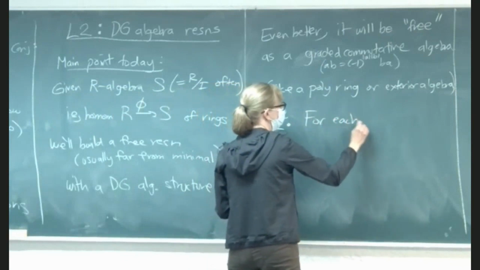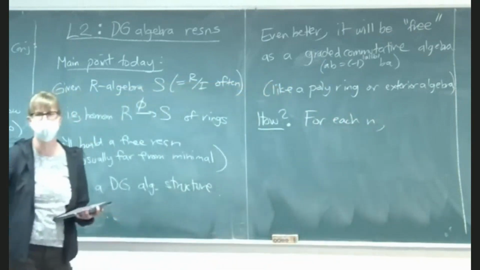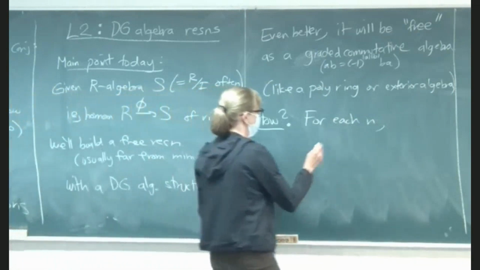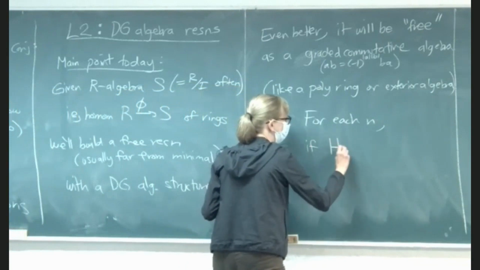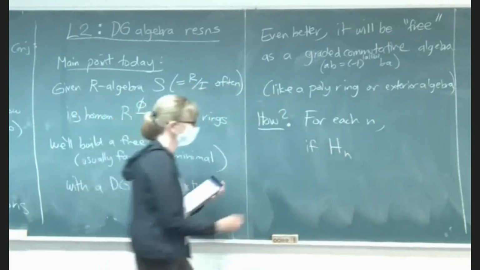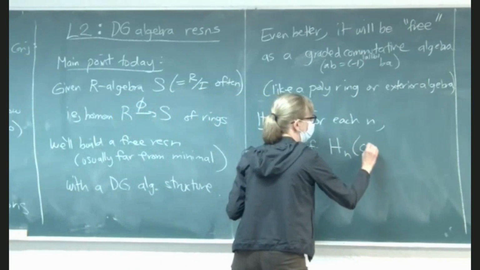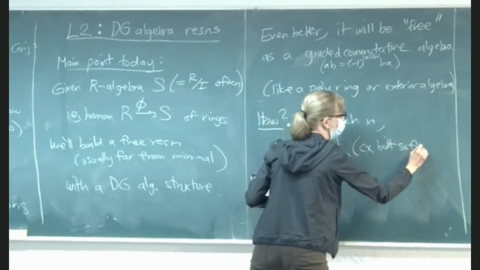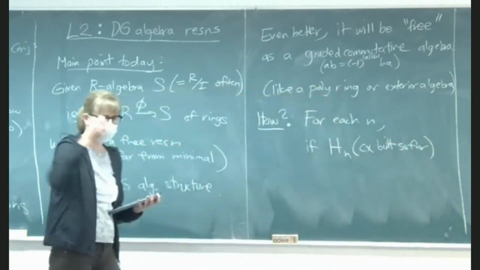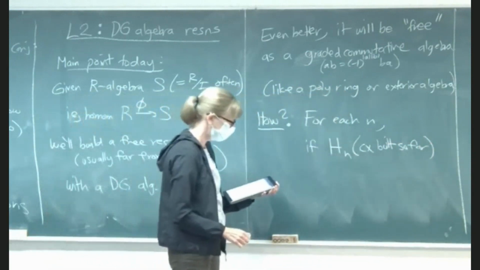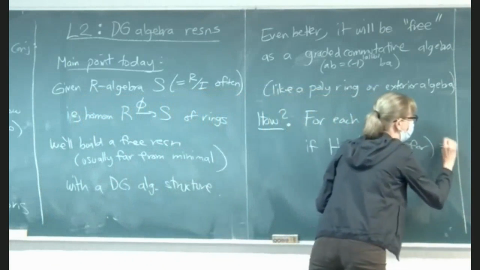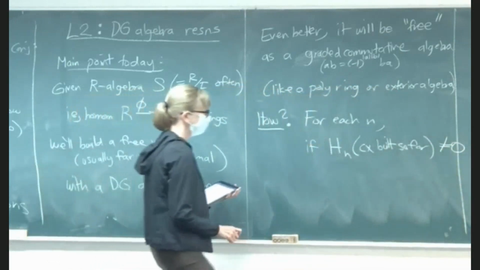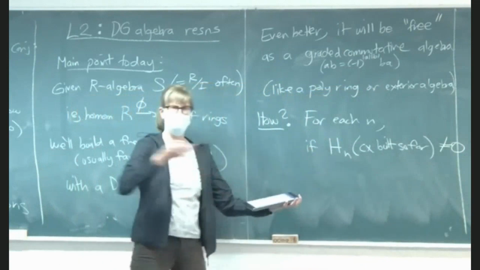For each n, and we're going to do this inductively, 0, 1, 2, 3, okay? So for each n, if Hn, the nth homology of the complex that you have built so far, up to now, if at that stage the complex that you built has an nth homology that is not equal to 0, then you look at it and you say, well, how big is it?